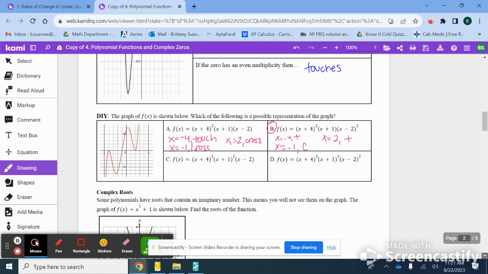That's why we know it's not A. In A, we said at 2, it crosses. B is the answer because at -4, it touches. Then at -1, it crosses the x-axis, and then it gets back to 2, it bounces off it, touches it. It never goes below. That's what cross would look like if it went below the x-axis. So the answer is B there. Okay.